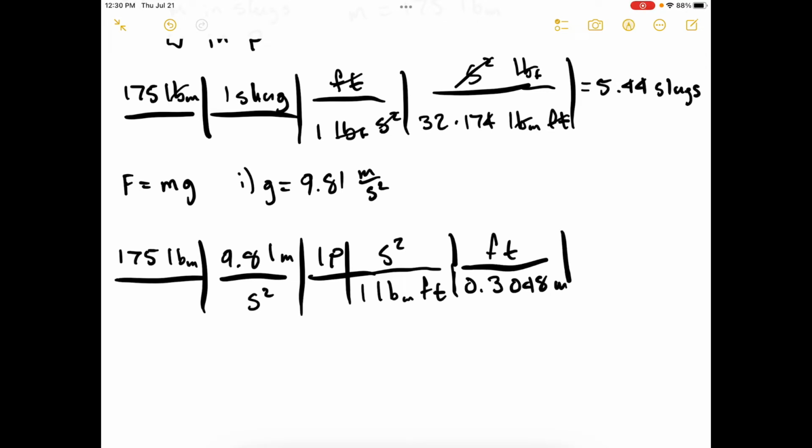And our meters cancel, our feet cancel, our per second squared cancels, and our pounds mass cancels, and we are just left with poundals. So that is equal to 5.63 times 10 to the 3 poundals. Great. Okay, so that's it for part.